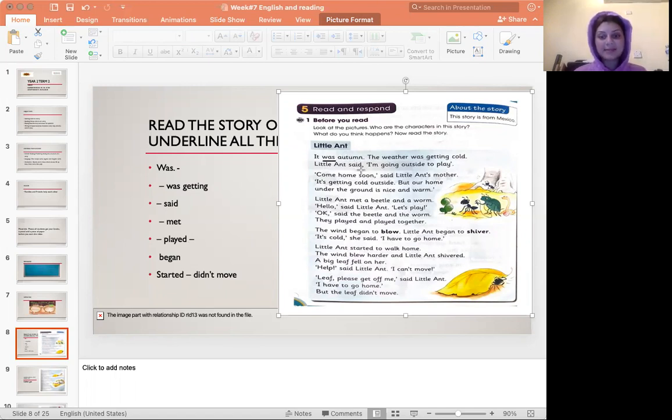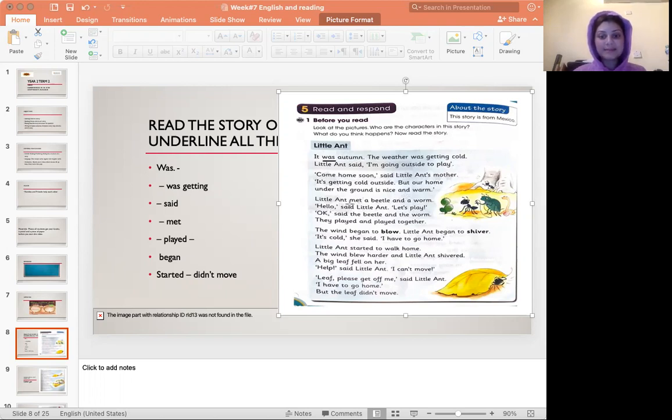Little Ant said, I am going outside to play. Come home soon, said Little Ant's mother. It's getting cold outside, but our home under the ground is nice and warm.